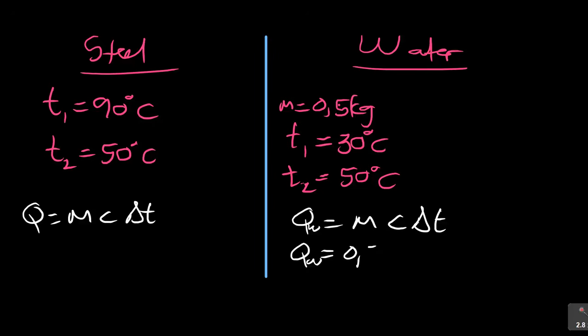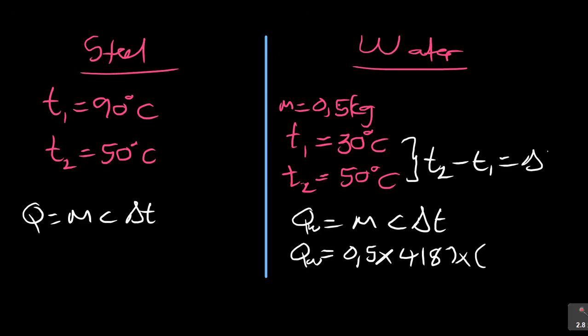We know the mass is 0.5, the specific heat capacity of water is 4187, times the change in temperature. You can say T2 minus T1 is equal to change in temperature. What is T2? It is 50 minus 30, which is 20. So the change in temperature there is 20.